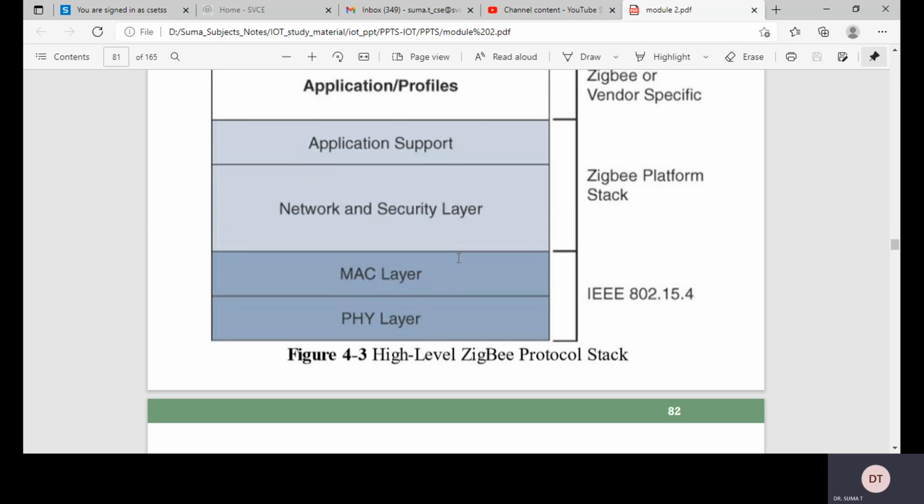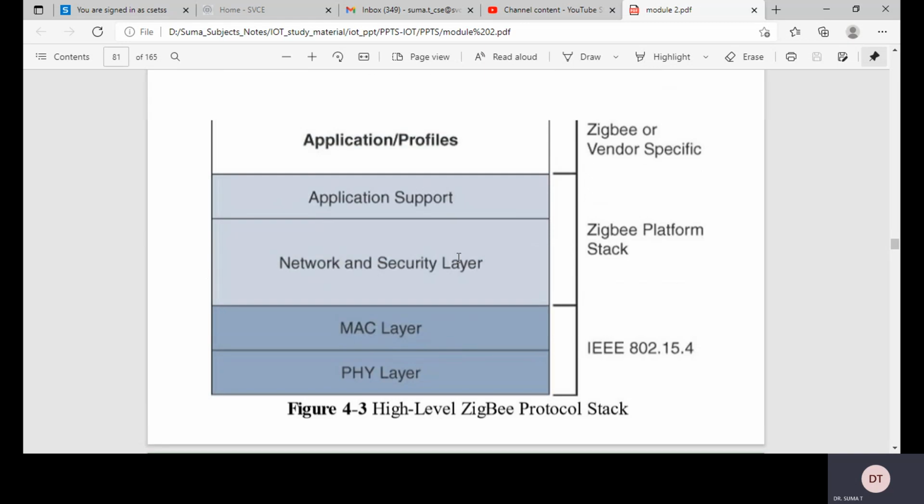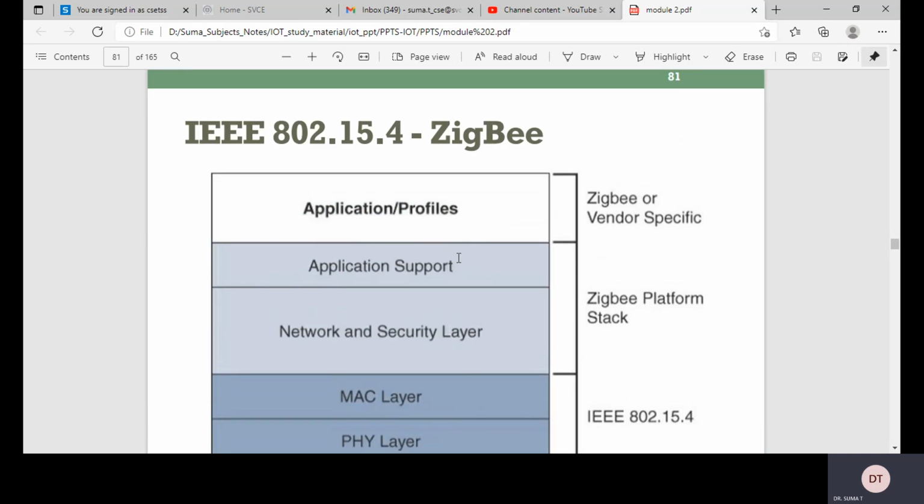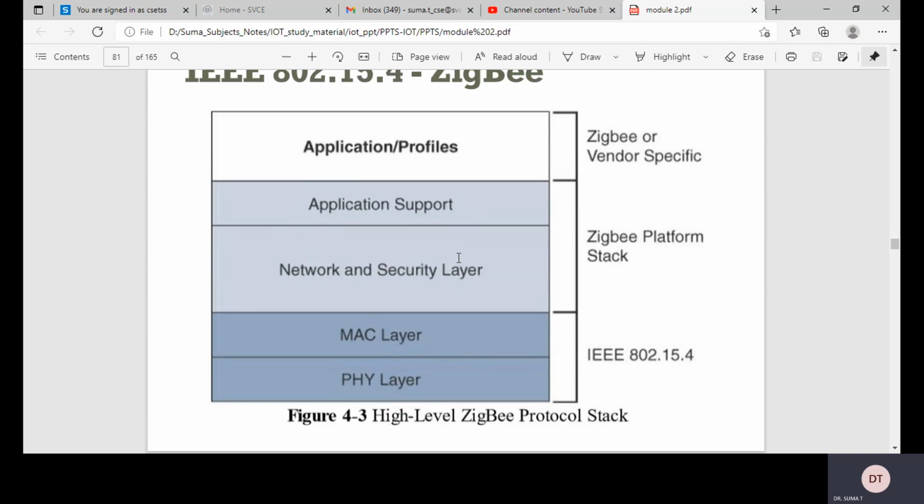And you can see this high-level ZigBee protocol stack, how it is going to be implemented, how the layers are going to be placed. So high-level ZigBee protocol: application profile, application support, network and security layer, MAC layer, and PHY layer.